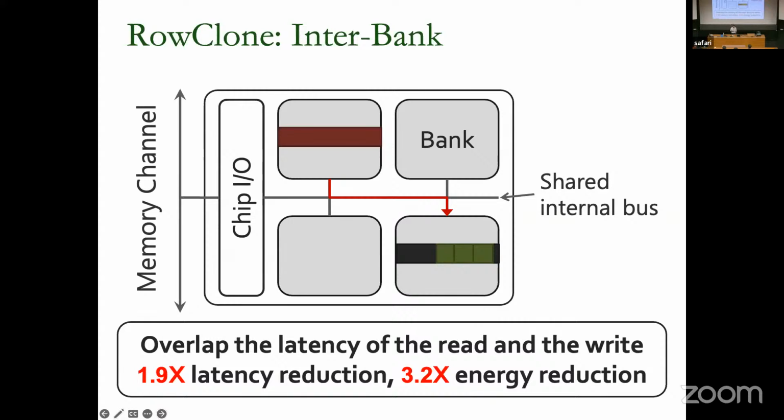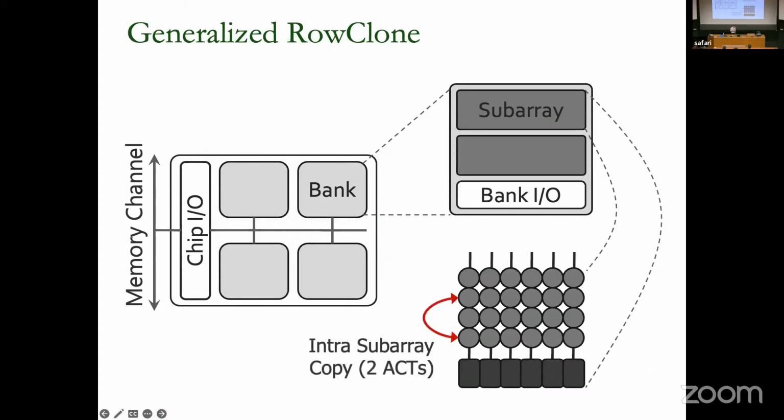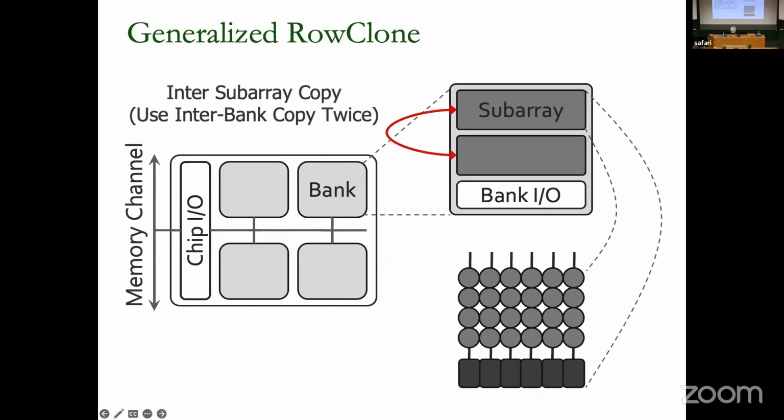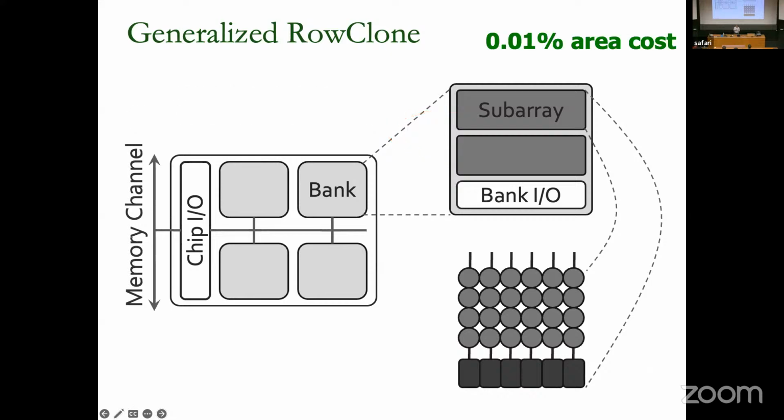same DRAM subarray. We can also move data across DRAM subarrays inside the same DRAM bank by issuing multiple of those inter-DRAM bank row copies. All of this can be done with negligible area cost, less than 0.01% of the area in current DRAM chips.